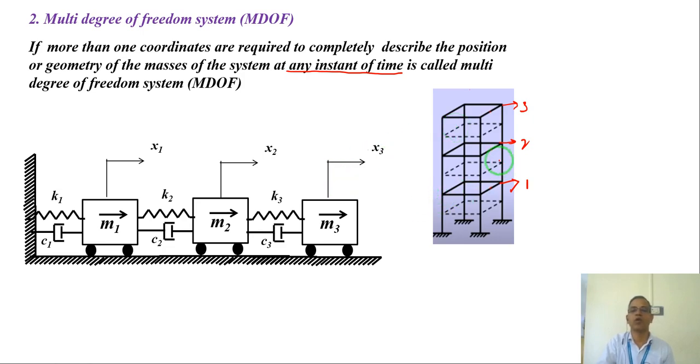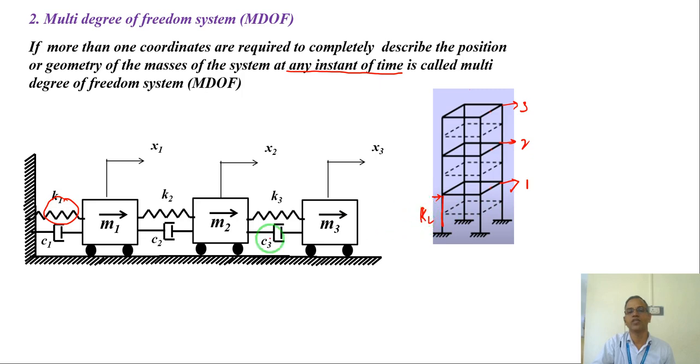The mathematical modeling of this system is like this: from the floor, the first mass, second mass and third mass. I am representing this 3-degree of freedom system axially, while my building is lateral. So the spring I am taking here is nothing but my columns, with a lateral stiffness.